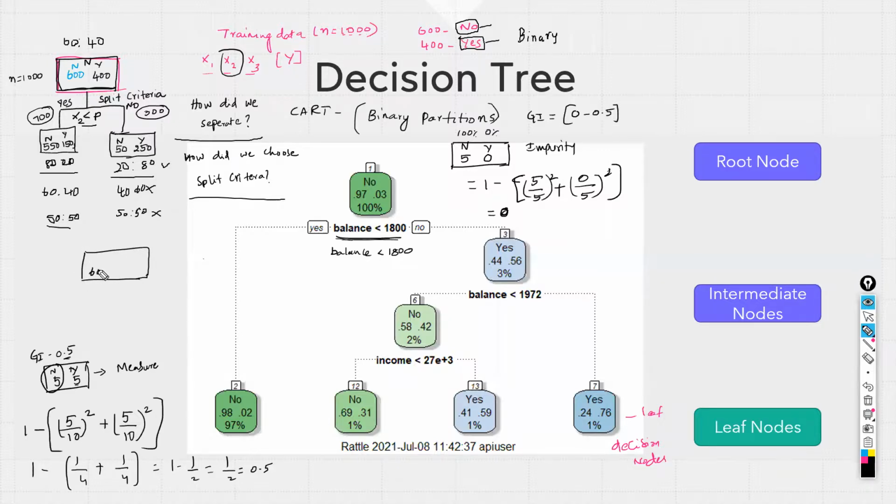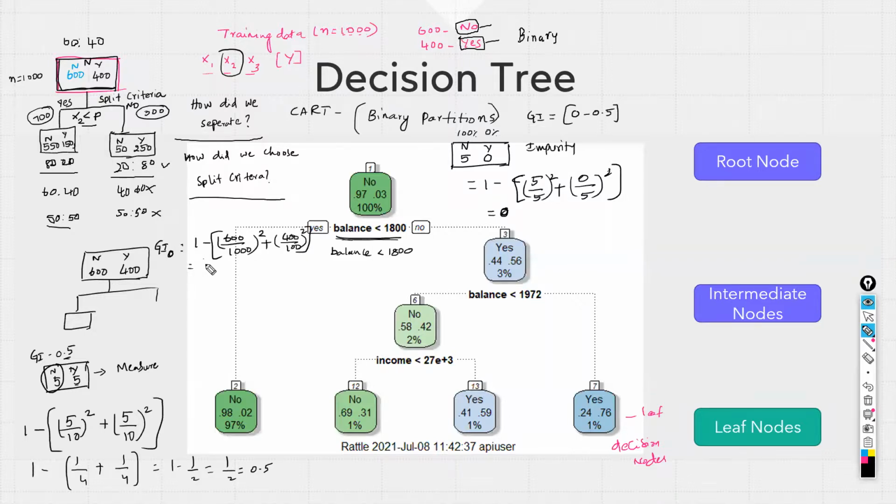Okay. So you have 600 observations that belong to no, 400 observations that belong to yes. We did not split this yet at the root node. So we will call this Gini index 0, just to indicate that it is at the root node, right? 1 minus (600 by 1000 whole square plus 400 by 1000 whole square).